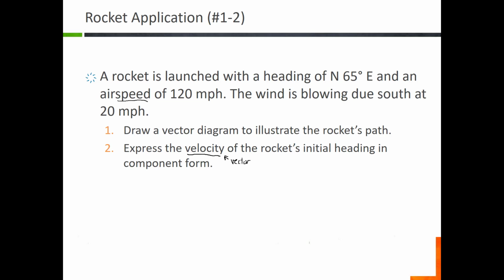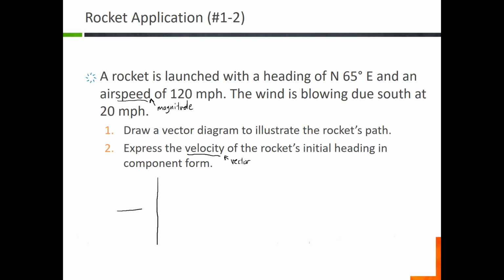Whenever you see velocity, think vector. Whenever you think speed, think scalar, or more specifically, magnitude. So there is a vector that represents the heading of the rocket, and we just know its airspeed is 120 miles per hour. Let's draw our vector diagram.